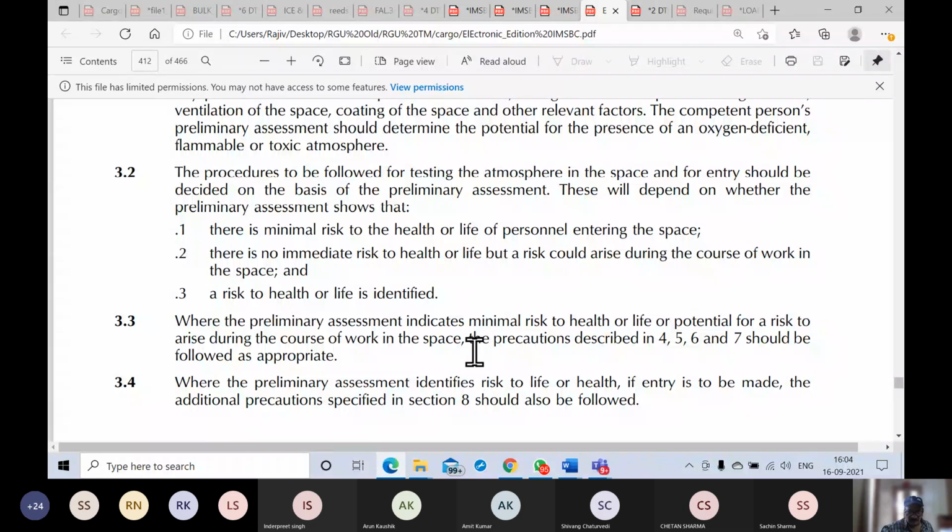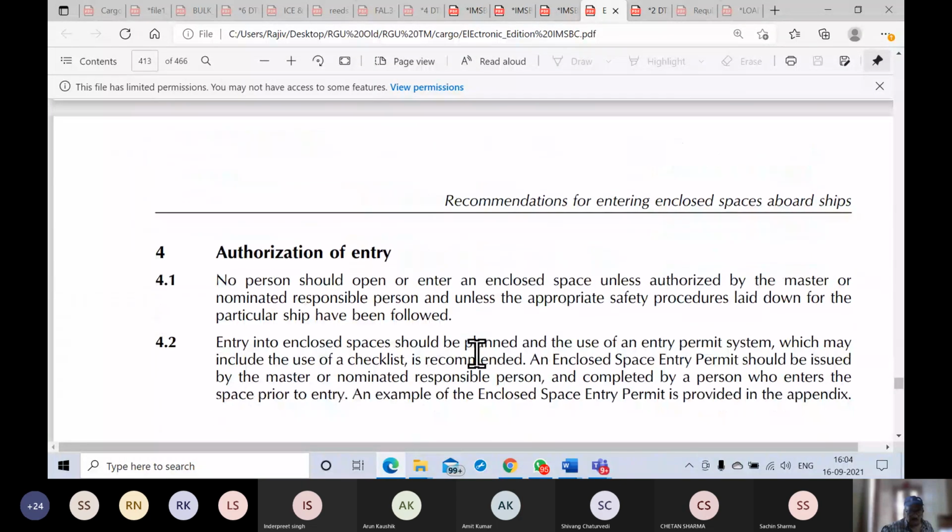If there are some identified risks, then it will go on further. Precautions prescribed should be followed. Additional precautions, which go like this.